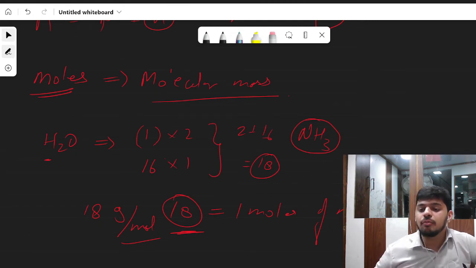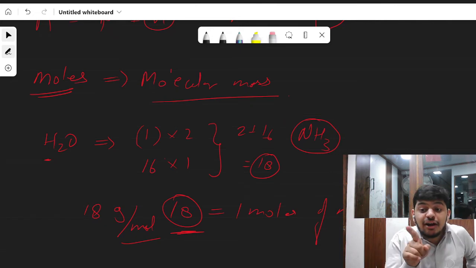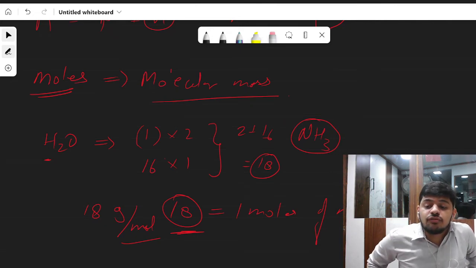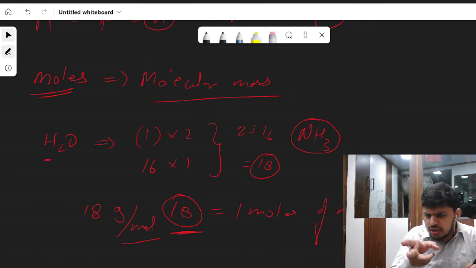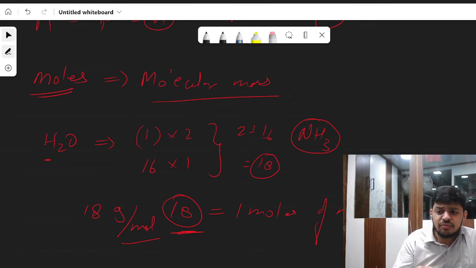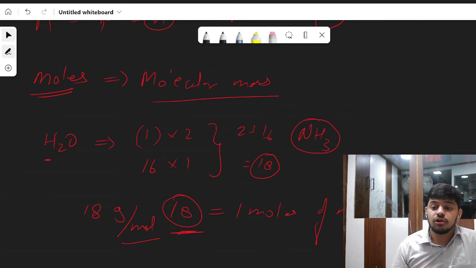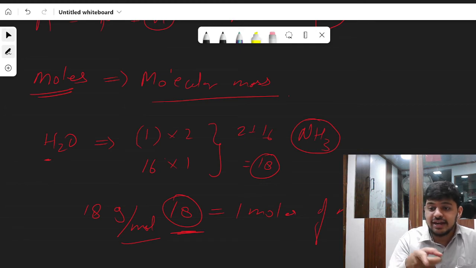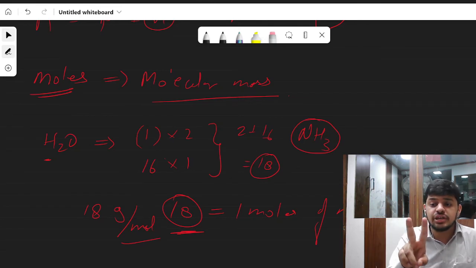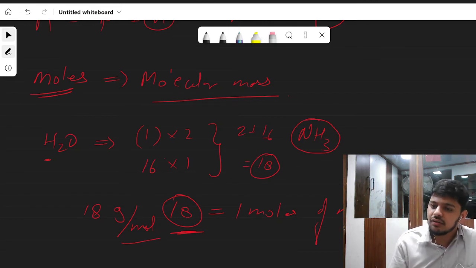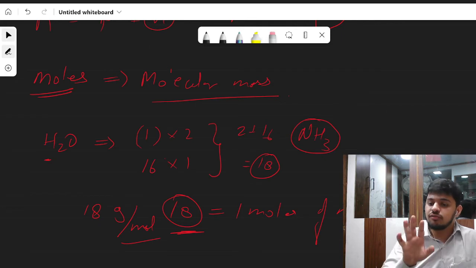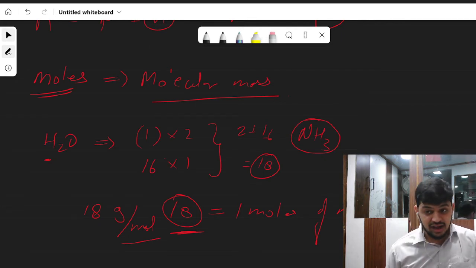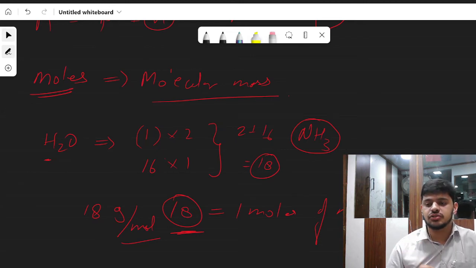Just think. 18 gram means 1 mole of molecules, and every molecule has 2 hydrogens. It means 2 moles, simple, right? So 18 gram of water will have 2 moles of hydrogen and 1 mole of oxygen. This is how we will do these types of questions.